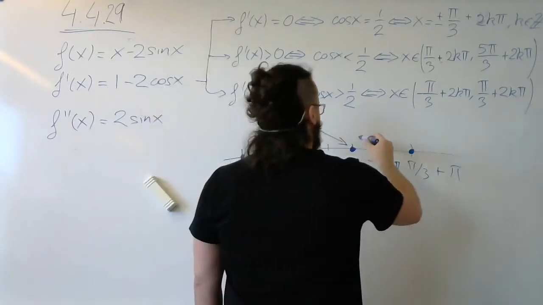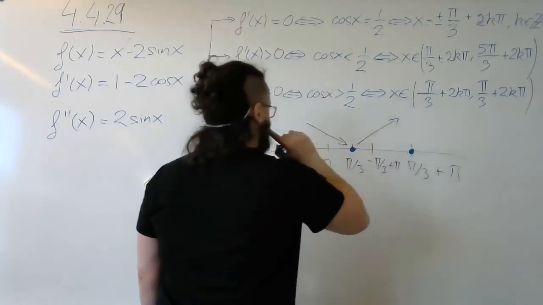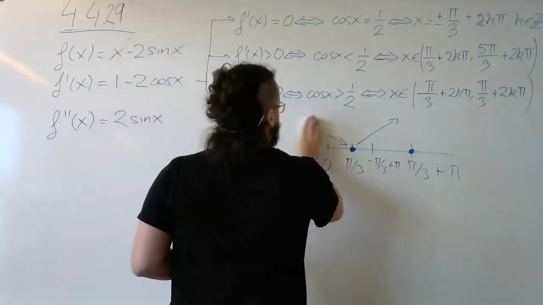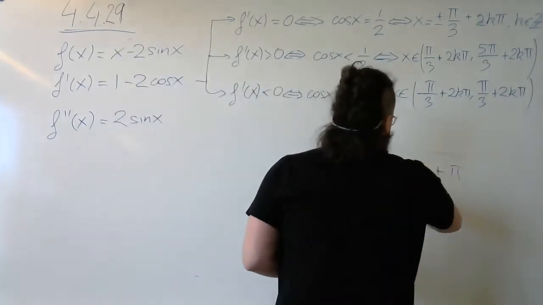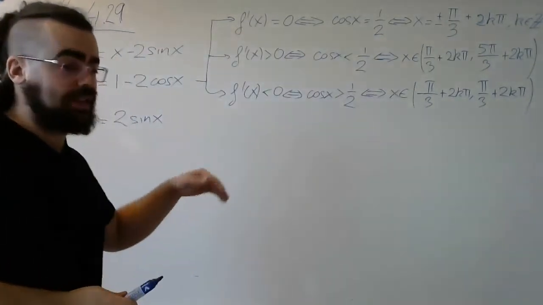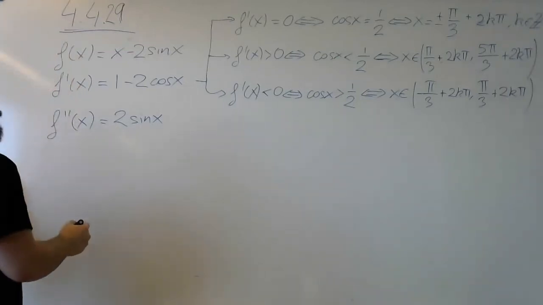Is decreasing here, then it increases, and so on. So now we have a very good idea of when the function increases, decreases, and so on, so we can actually check our result with the second derivative.